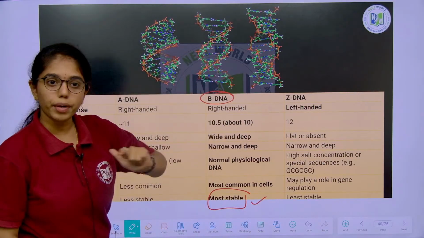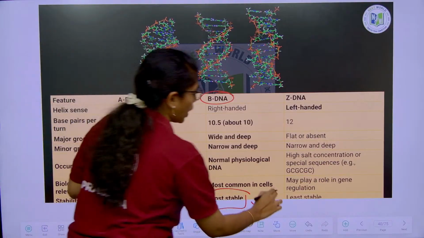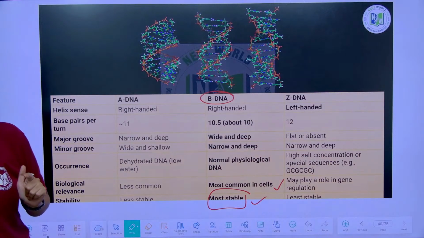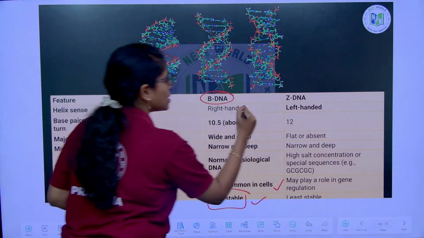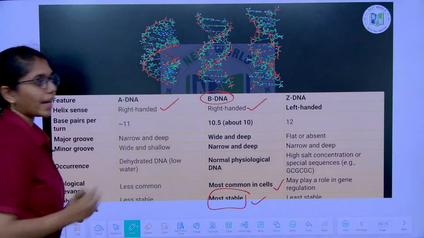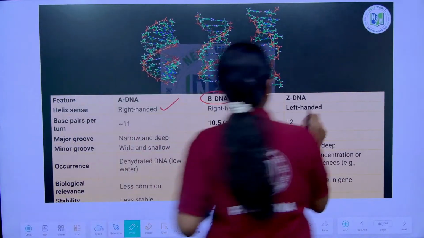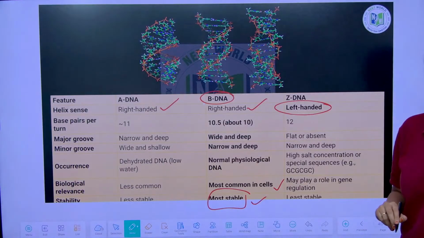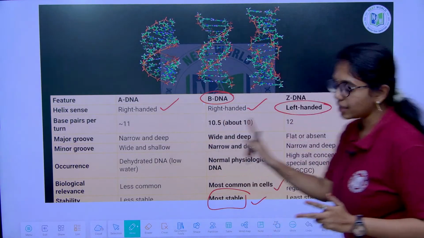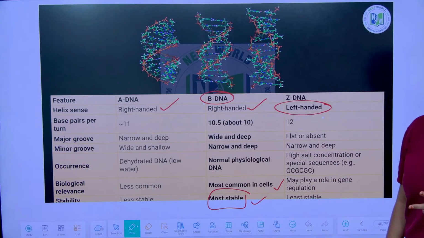Which is most common in all cells. And the helices, in what fashion they are wound up is important. B DNA is right-handed helices. A DNA is also right-handed. Z DNA is what? Left-handed helices. Third point is also clear, right? These both are right-handed helices and this is left-handed helices.